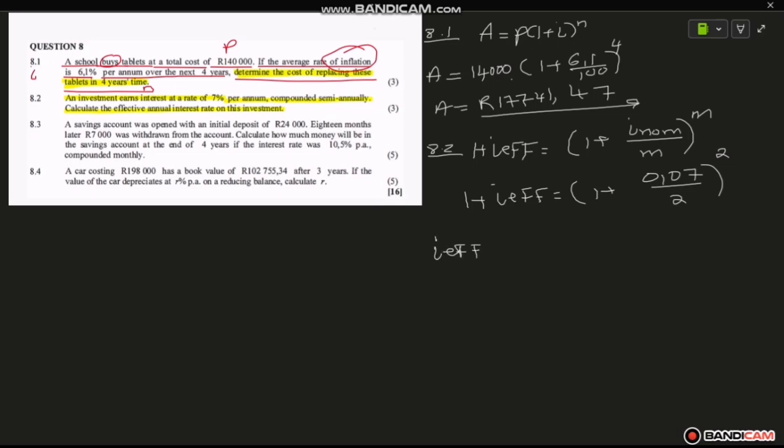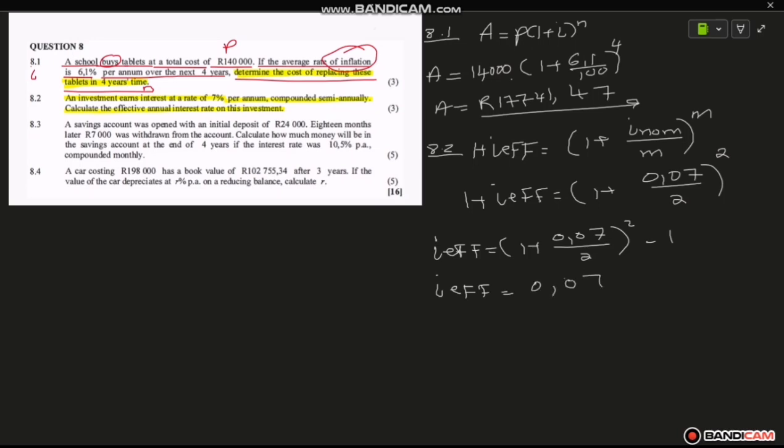Let's transpose 1 to the right. So 1 plus 0.07 over 2 to the power 2 minus the 1. Therefore, I EFF equal to, you punch everything in your calculator. Remember, you do not round off before the last step.